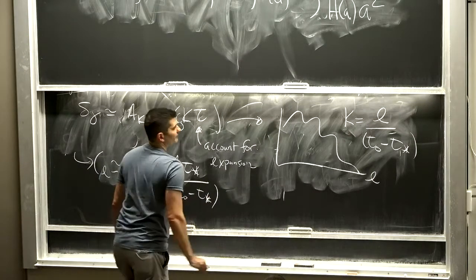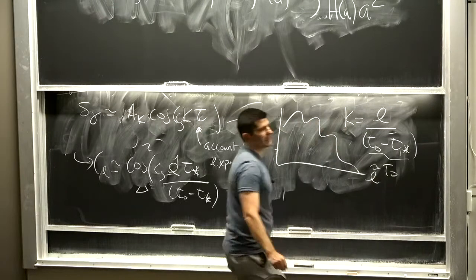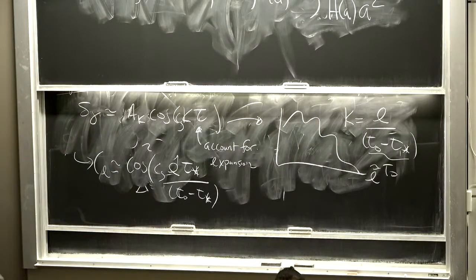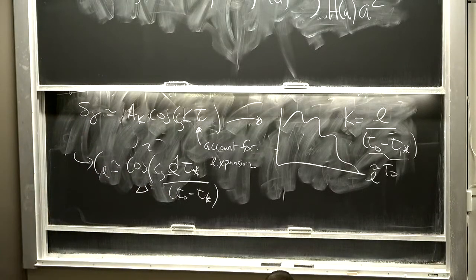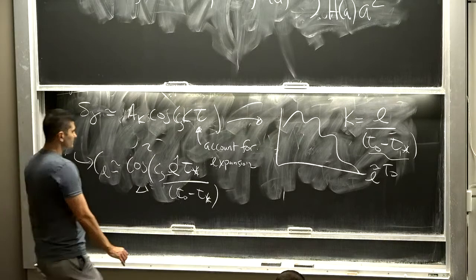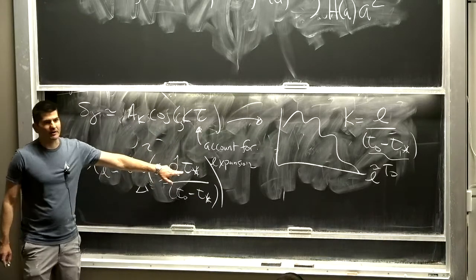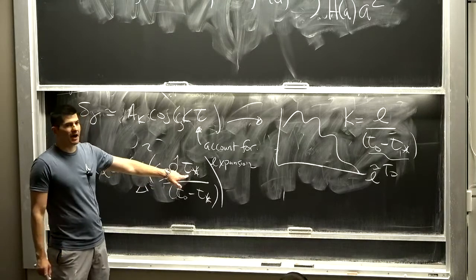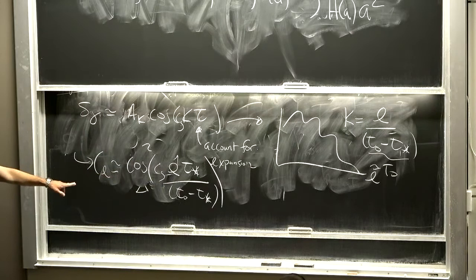And this piece here is approximately the tau today. So the conformal time today is much bigger than the conformal time at recombination, so it's dominated just by what the conformal time today is. Because of that, this is a unit of time. If we change the Hubble expansion rate here, it moves the locations of the acoustic peaks.